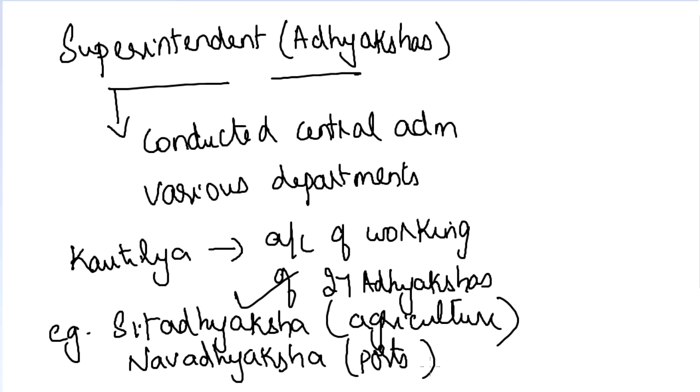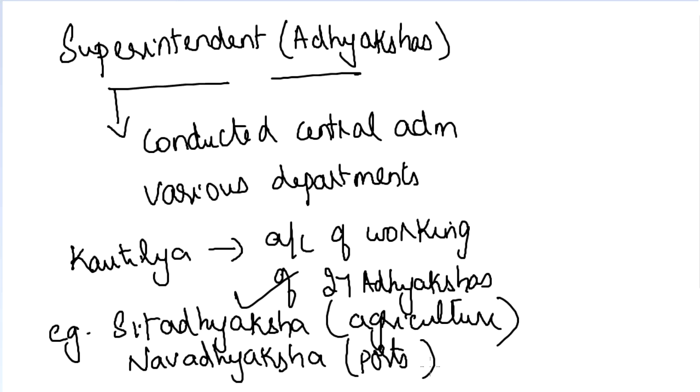So there was a list of 27 Adhyakshas in Kautilya's second book of the Arthashastra. These were the points regarding the Adhyakshas or superintendents. After Amatyas, we learned about Adhyakshas.